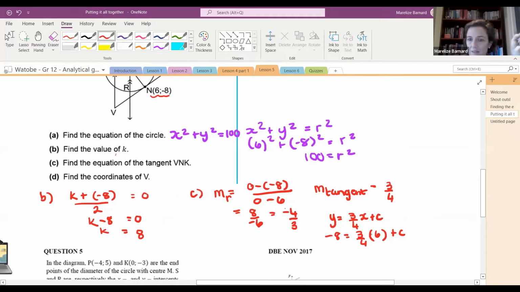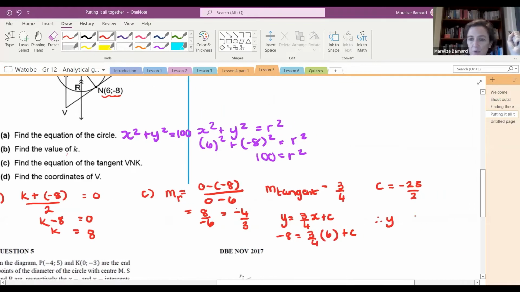Okay, and multiply all of this together. Take it to the other side. Get c by itself. And c is -25 over 2. Therefore, and end off nicely, putting everything together: y equals 3 over 4x minus 25 over 2.